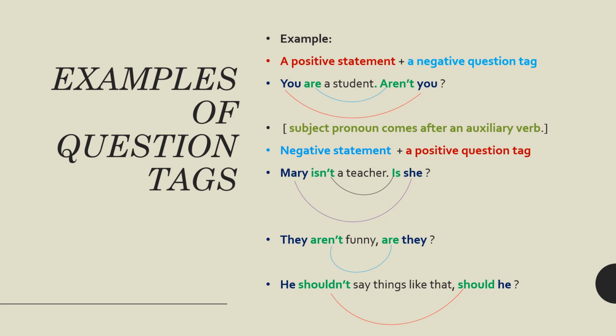Here "aren't funny" gives a negative statement, whereas the question tag will be a positive one, "are they?" "He shouldn't say things like that, should he?" "He shouldn't say things like that" gives a negative statement. The question tag will be a positive one, "should he?"